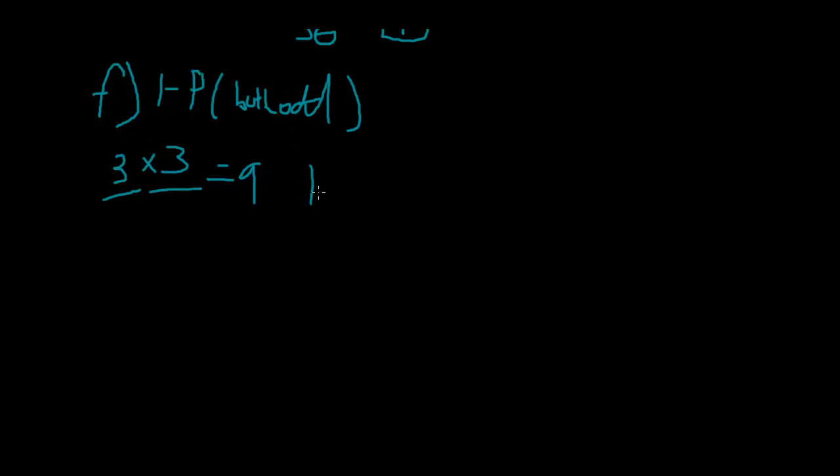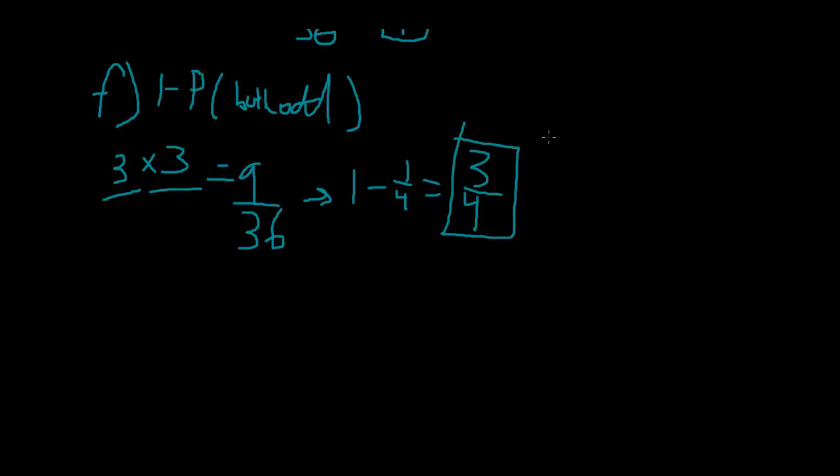Then 1 minus that, 9 total outcomes divided by 36 total outcomes is a 9 in 36 chance that neither is even. 1 minus 9 over 36 we just saw is 1/4. So 1 minus 1/4, fourth is 3/4. So the answer for this one is 3/4.